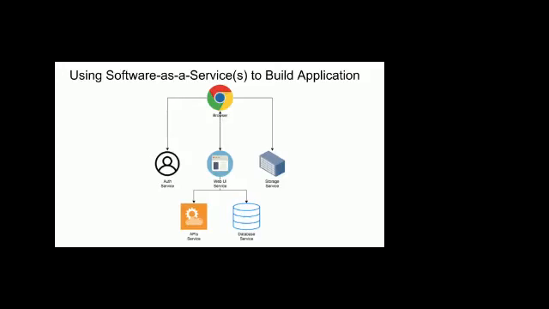For the web UI, instead of hosting the JavaScript or single page application yourself, you host it somewhere from where you can load those assets, HTML, CSS, JavaScript, very easily. When it comes to the mobile app, you can host your mobile application in the Play Store or App Store. They are not doing anything but hosting your application, and people can go to the Play Store or App Store, find your application, download it, and start using it.